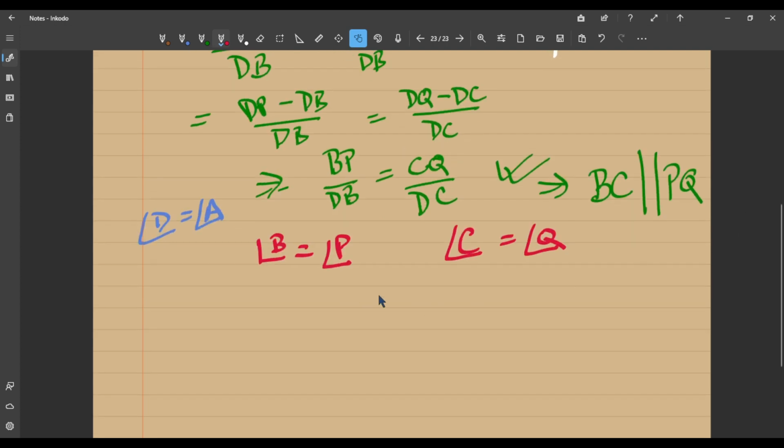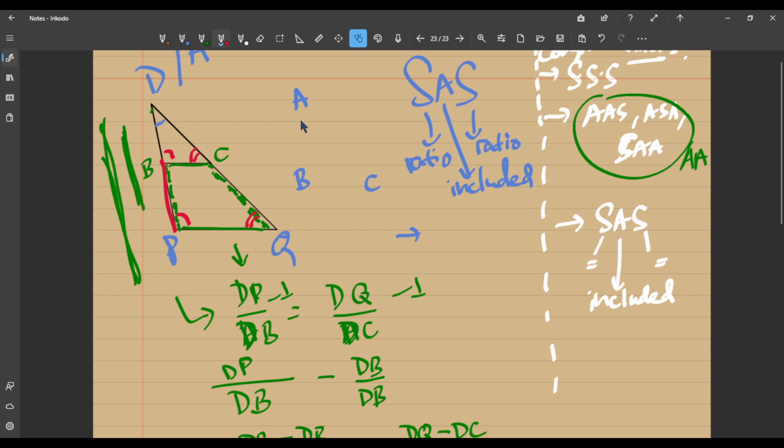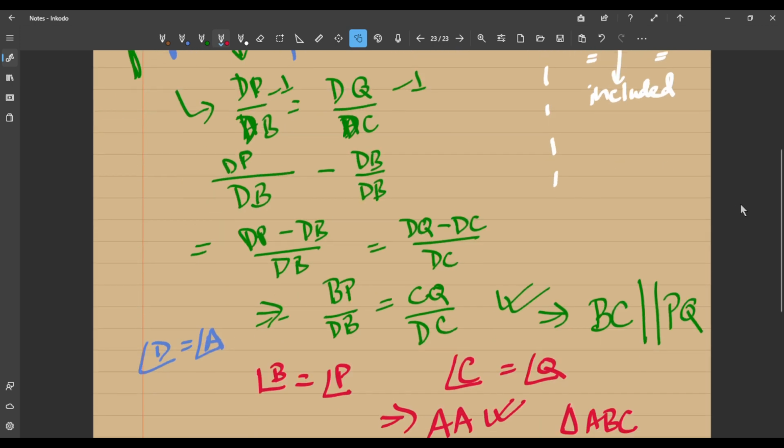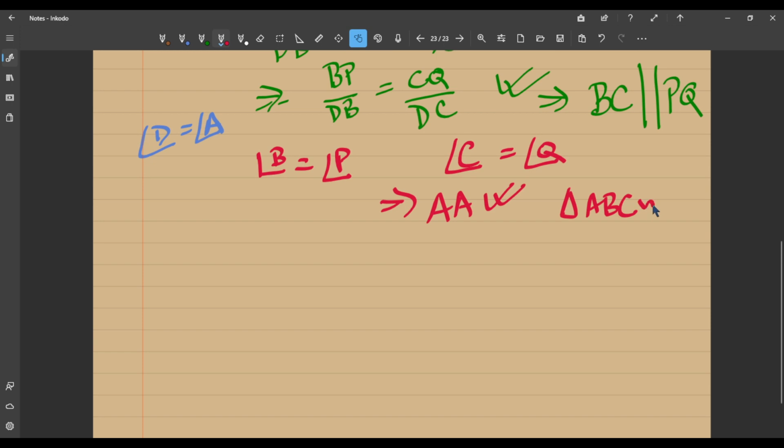So we have shown that the angle axiom holds, and the triangle ABC, what I began with over here, is similar to the triangle DPQ. Hence, all this trouble was for saying SAS is also an axiom of similarity where the sides are in ratio, remember.